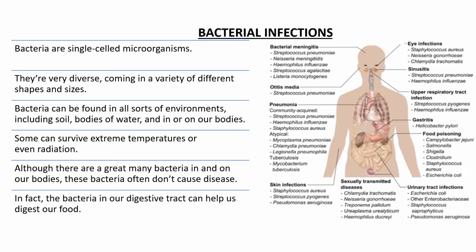They could be found in soils, in water, and also on organisms. And they have the capacity to survive extreme conditions like extreme temperature, extreme radiations, or even extreme acidic conditions, etc.